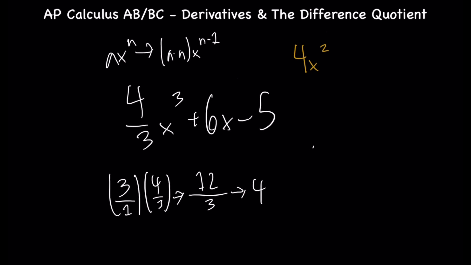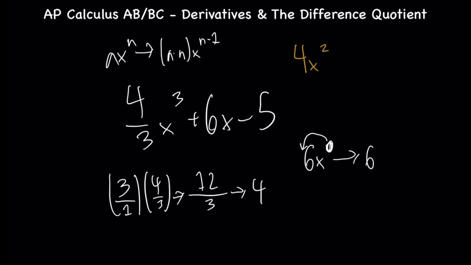And then for 6x, you're bringing the 1 down here, multiply it by 6, you get 6. But you don't have x. The derivative of 6x is just 6 because this power is now going to be 0. So x to the power of 0 is just 1. That's just x to the 0th power, which is just 1.